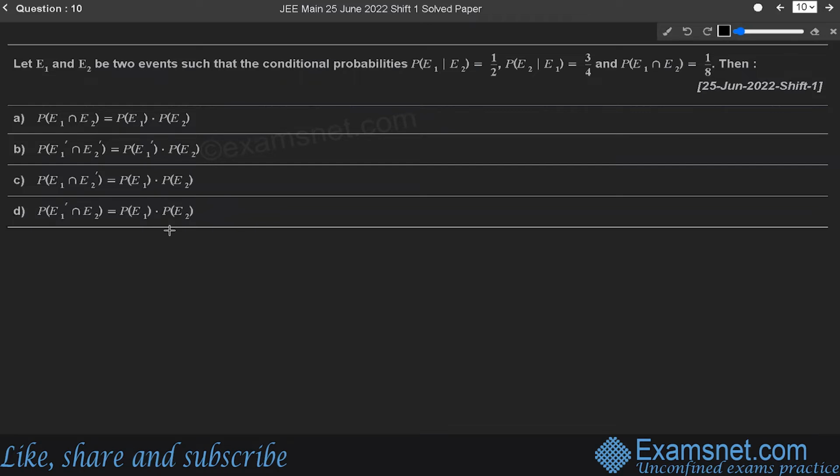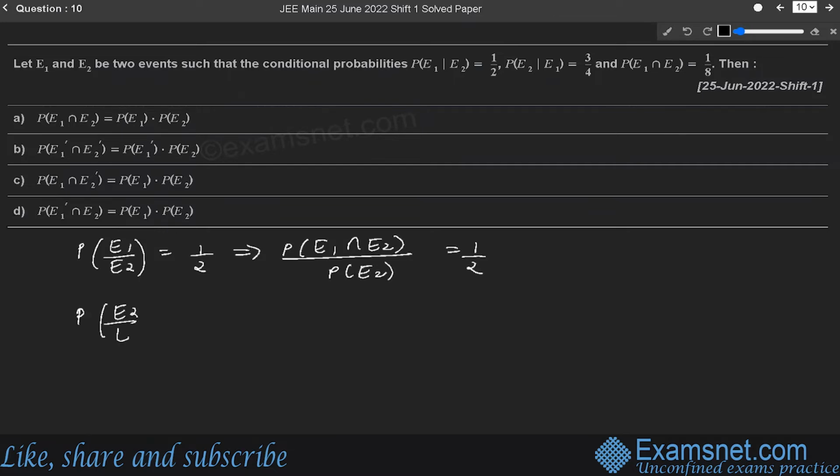It is given that P(E1/E2) is equal to 1 by 2. It means that P(E1 intersection E2) divided by P(E2) is equal to 1 by 2. Again, P(E2/E1) is equal to 3 by 4.